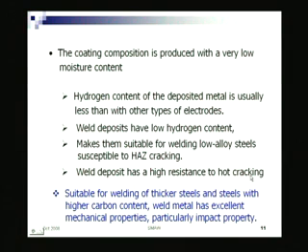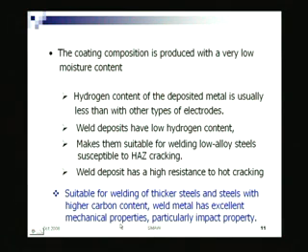It has a high resistance to hot cracking. Hot cracking means that because of thermal stress, the crack takes place while the weld metal is still in hot condition. Suitable for welding of thicker steels and steels with higher carbon content. The moment it is higher carbon content, the possibility of harder phase, martensite phase formation increases. We have talked about this.